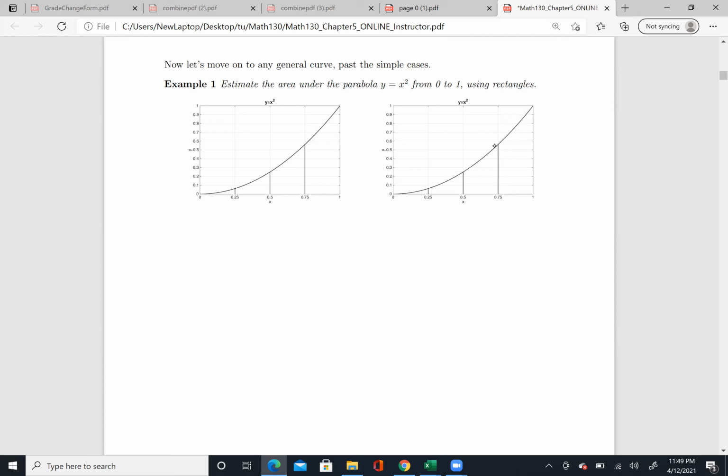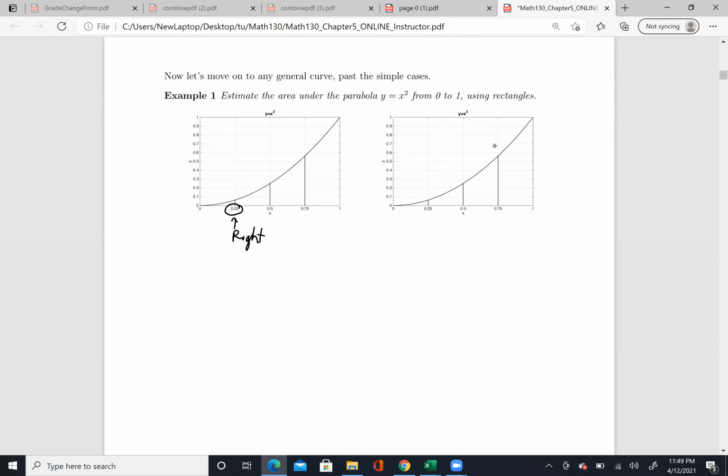In here there are two cases, right? If you consider using the right endpoint for each interval, in here from 0 to 0.25, if you consider the right endpoint here, you will form the right endpoint here.